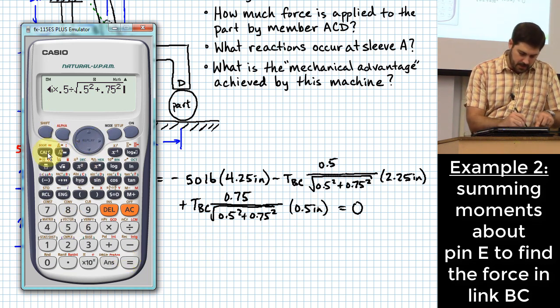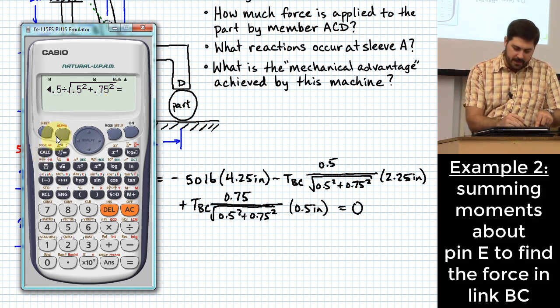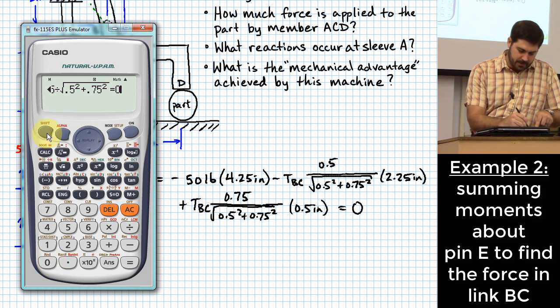Plug in my equal sign there, and then hit 0, shift, solve.